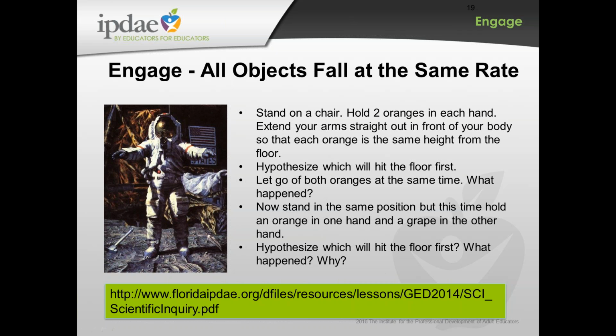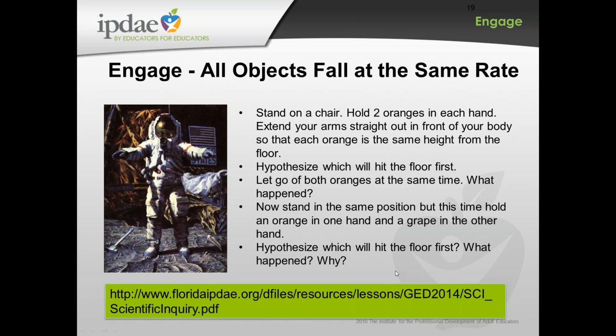Okay, so I'm standing in front of the room and I've got this orange and I've got this grape, and I can have students start predicting, hypothesizing. What's going to happen? Which one's going to hit the floor first? Why do they think that? And then from there, moving them on into actually seeing that demonstration, and from that demonstration going, whoa, wait a minute, something's different here.